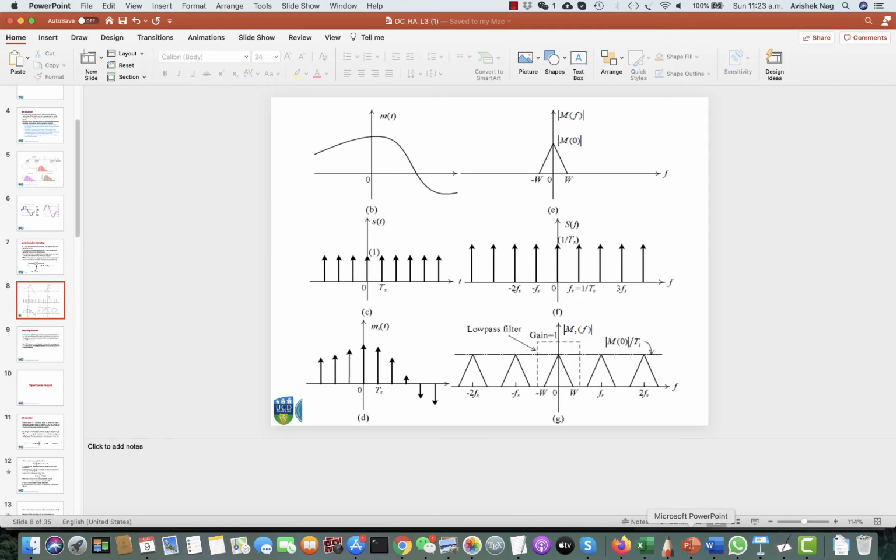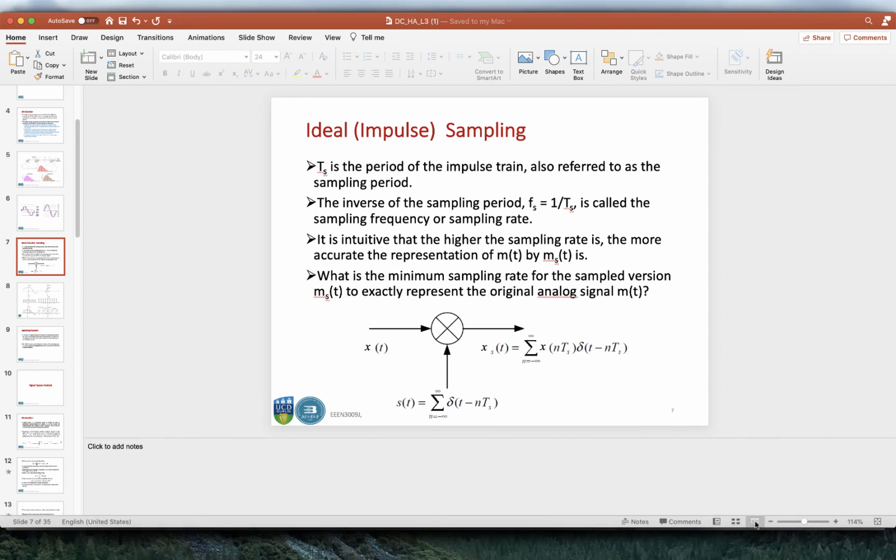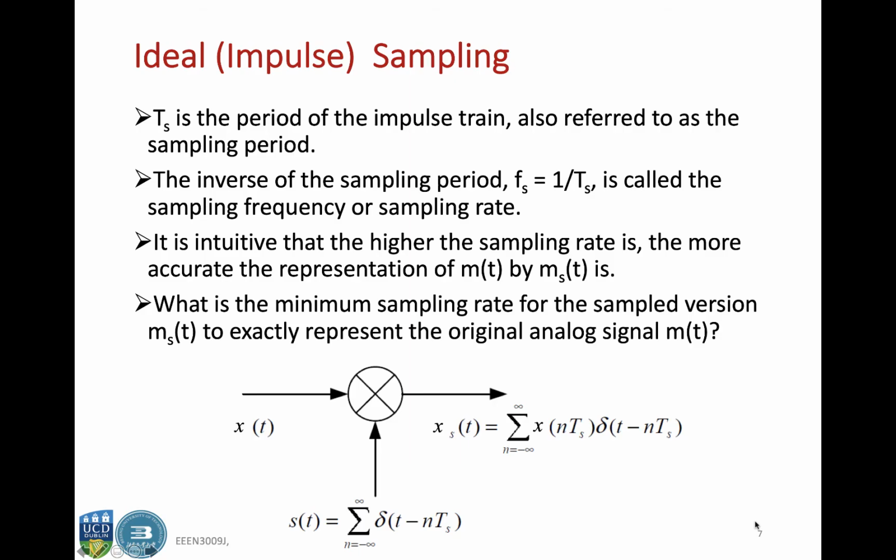So we asked ourselves the question in this slide: what should be the minimum sampling rate so that the sampled version exactly represents the original signal?